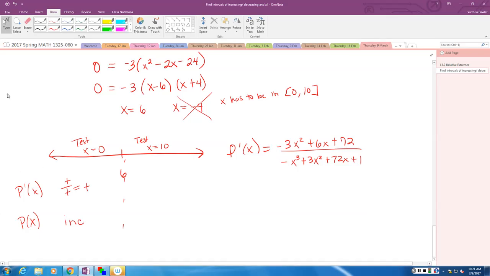So let's see if that happens. Let's plug in 10. I've got 10 squared is 100, so I've got negative 300 plus 60. A negative plus 72 is still going to be negative. Then down here, if I plug in 10, I've got negative 1,000 plus 300, plus 720. Is that correct?